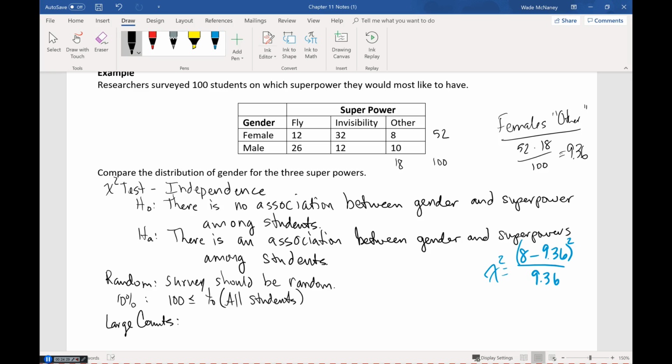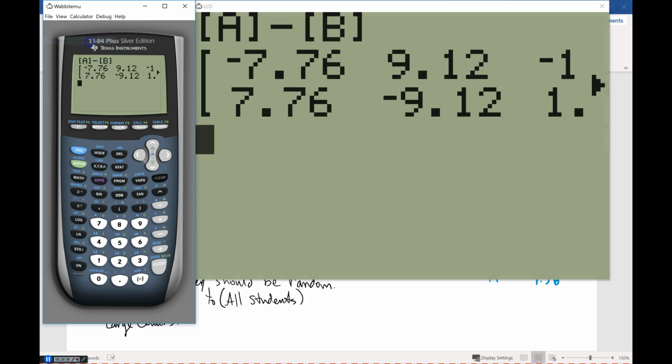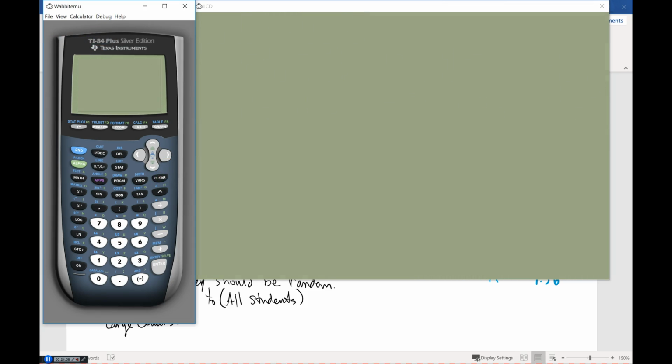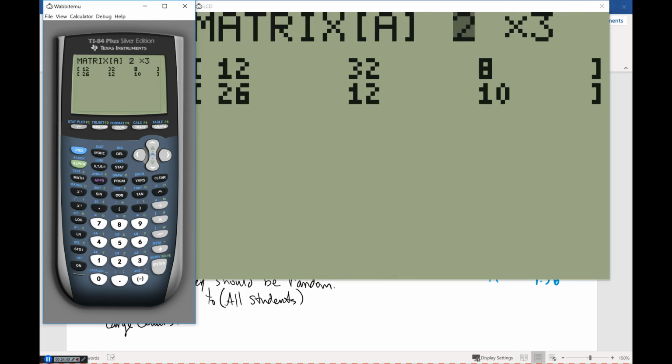Okay, where do we store our data at? So we're going to go into our matrix menu, and we're going to edit matrix A. Rows by columns.